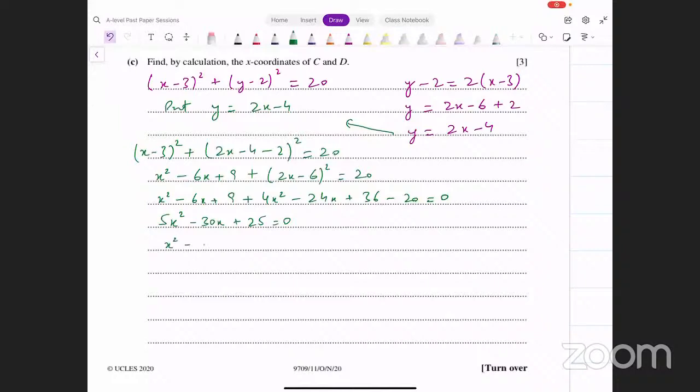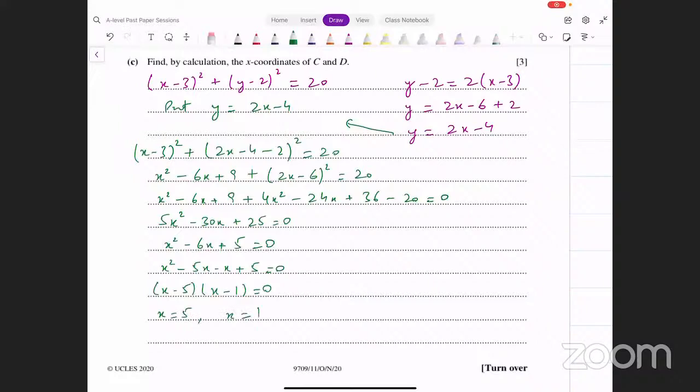This is x square minus 6x plus 5 equals 0. Can we factorize this? We can write it as x square minus 5x minus x plus 5 equals 0. And the two factors are going to be x minus 5 and x minus 1. From this, we get x equals 5 or x equals 1.